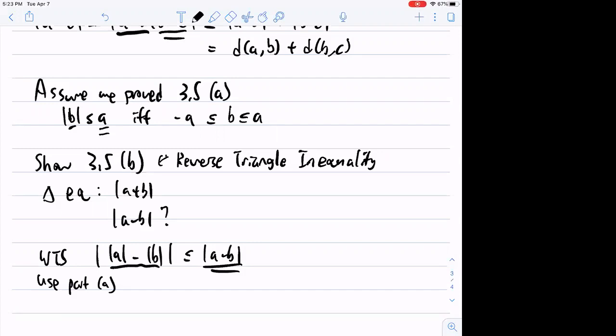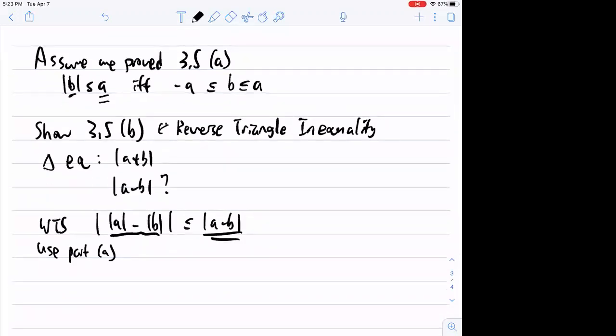So using part A, we want to show negative absolute value of A minus B is less than or equal to absolute value of A minus absolute value of B, which is less than or equal to absolute value of A minus B, right? So we want to show this.